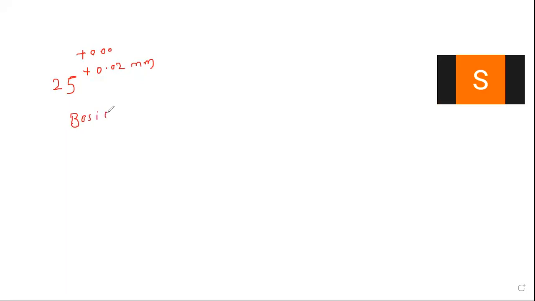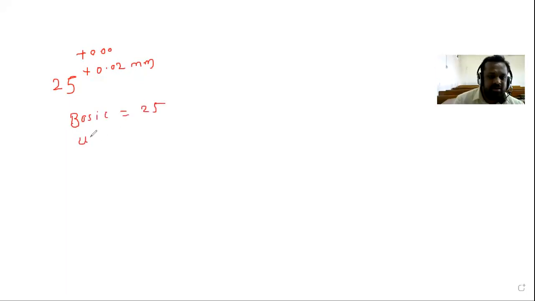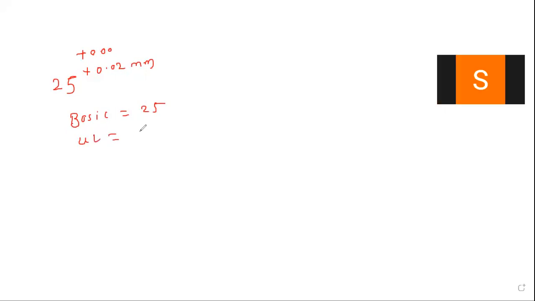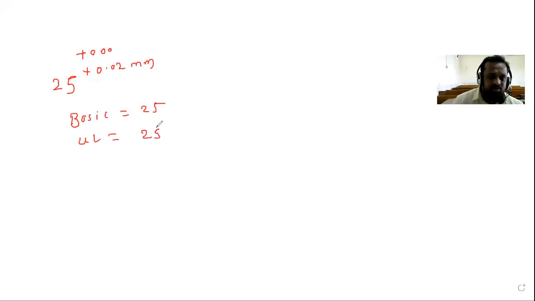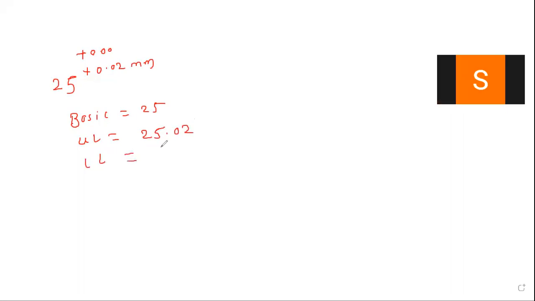Then please tell me what is the basic size here? 25, the basic size is 25 mm. Then please tell me the upper limit. 25.02. Then what is the lower limit? 25.